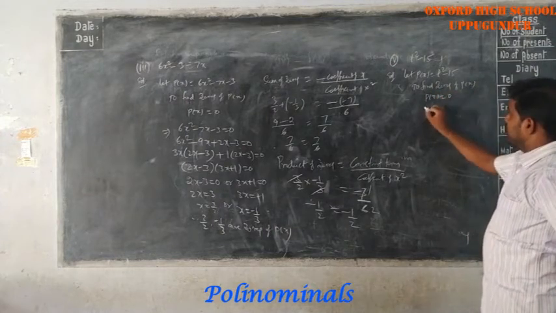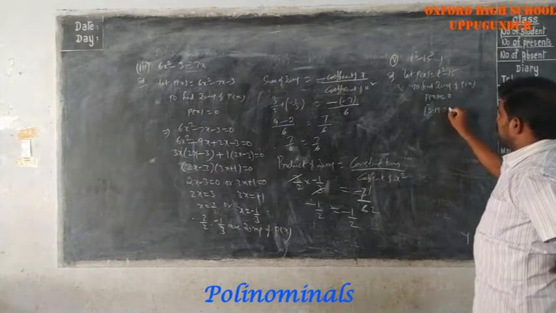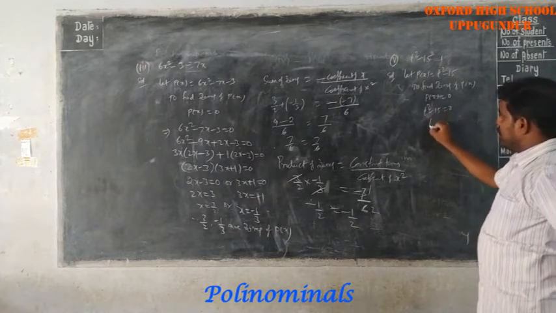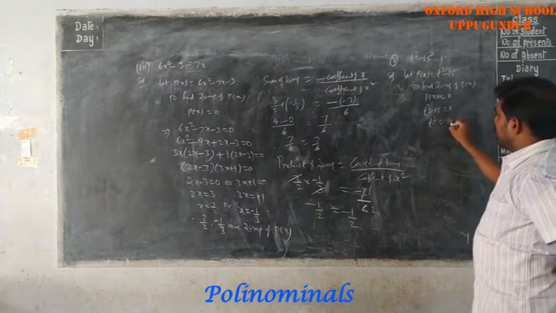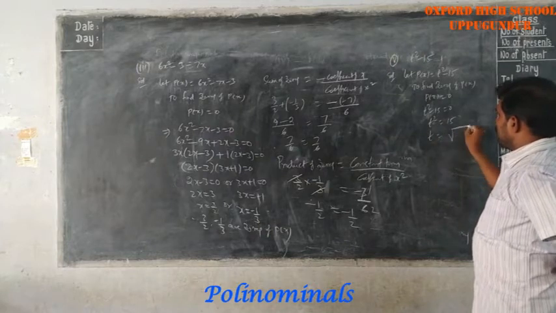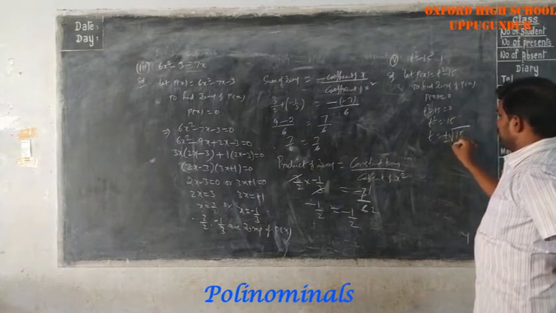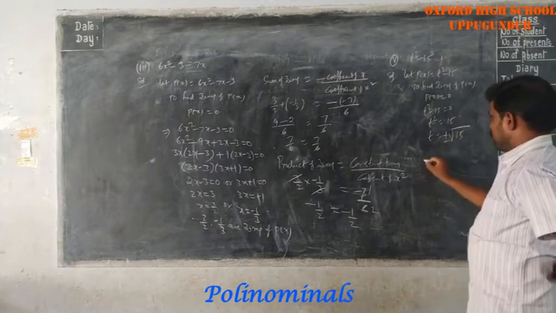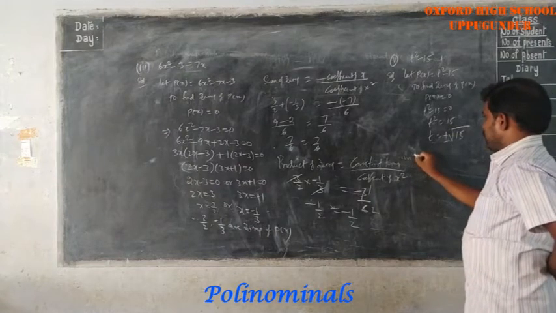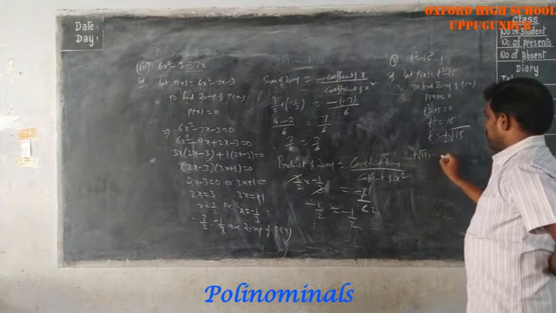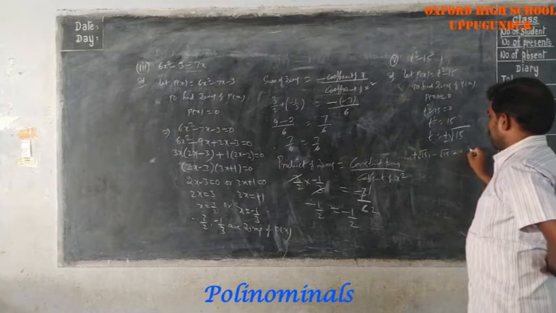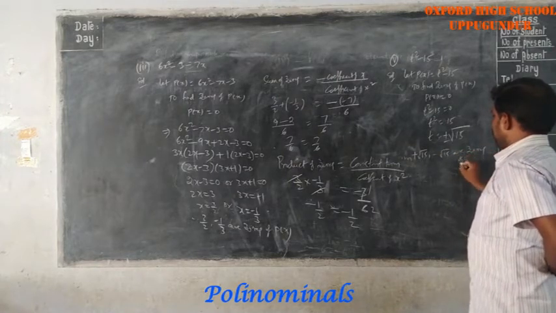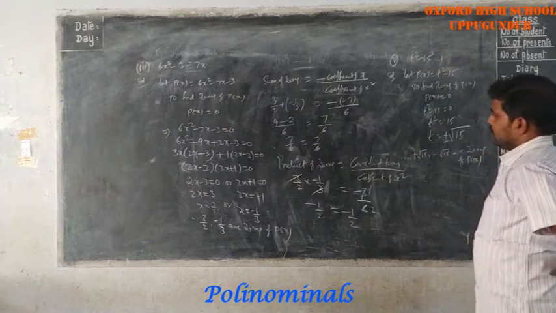P of x means T square minus 15 equal to 0. T square equal to 15. T equal to square root of 15. Square root of 15 means you get plus or minus. So plus root 15 comma minus root 15 are zeros of P of x.